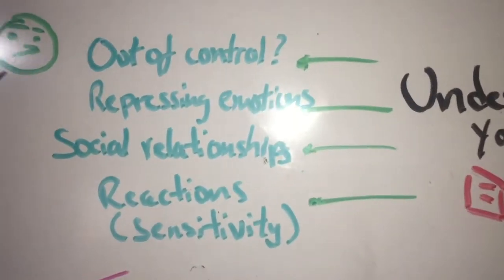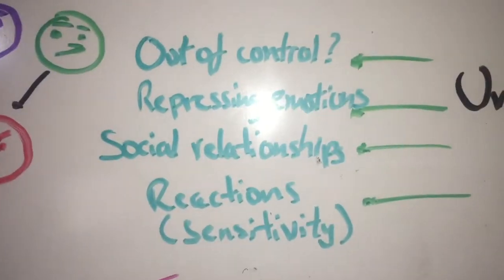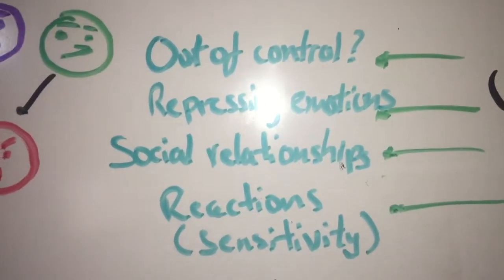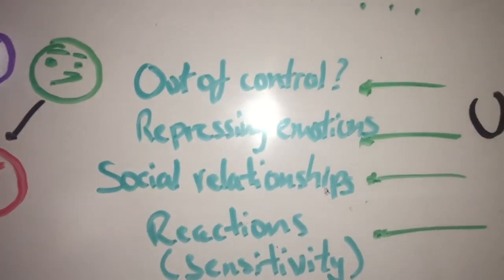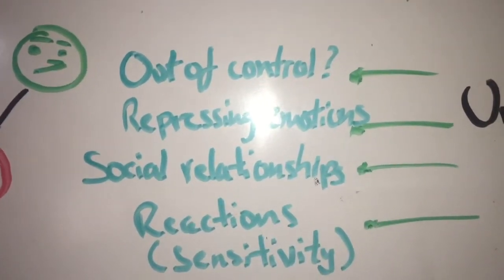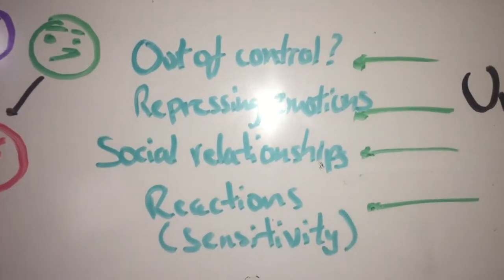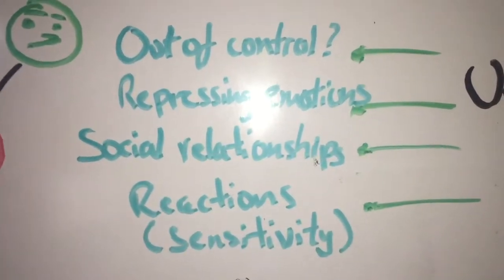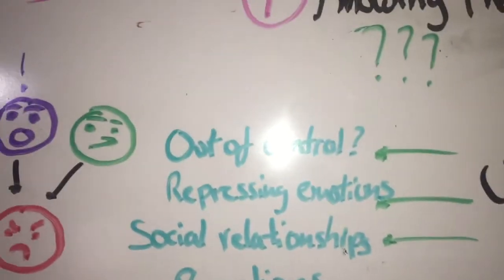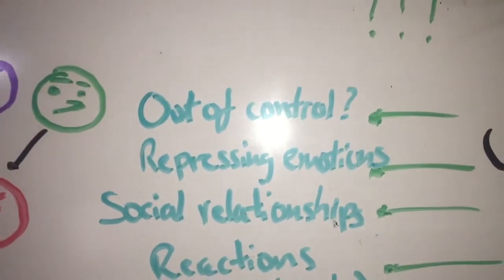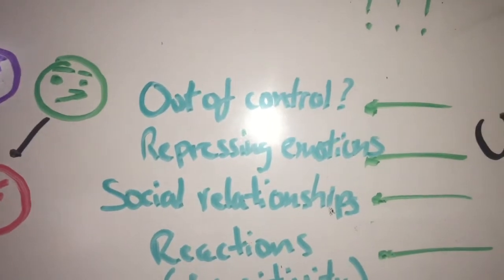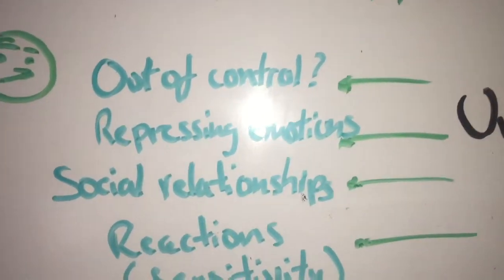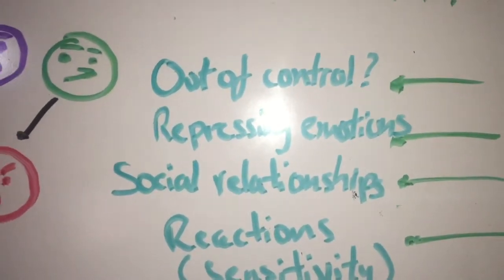The main four steps for understanding your anger are knowing if it's out of control, if it's an extreme case where you get very violent against other people or hurting yourself. Also repressing emotions: hiding sadness or abandonment issues can all be focused into anger, so that you cannot feel these emotions because you only feel anger.